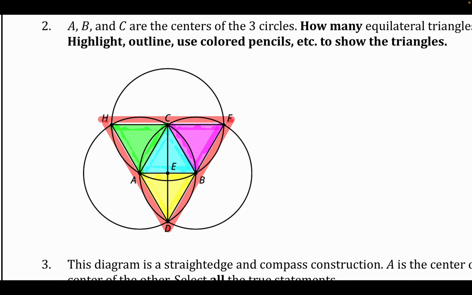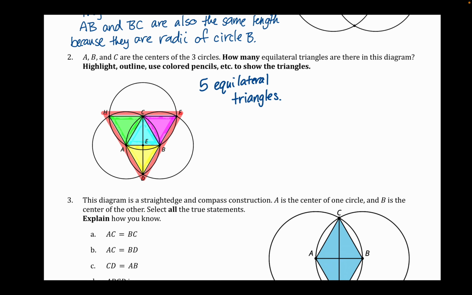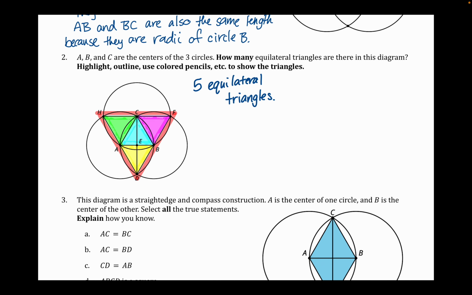So we can say there are 5 equilateral triangles. And 4 of them are actually completely the same size and shape, and that 5th one is all of them together.